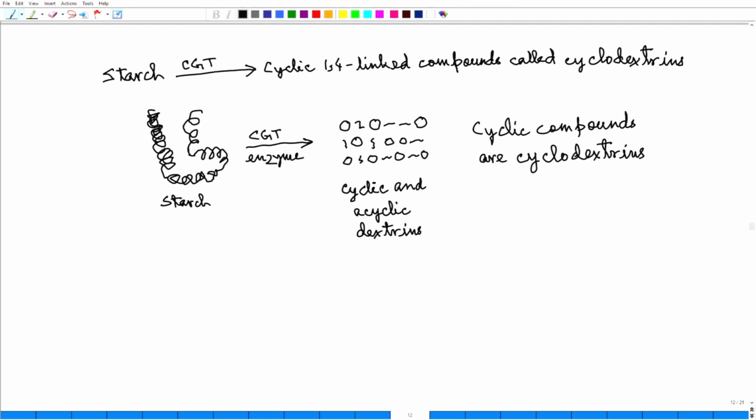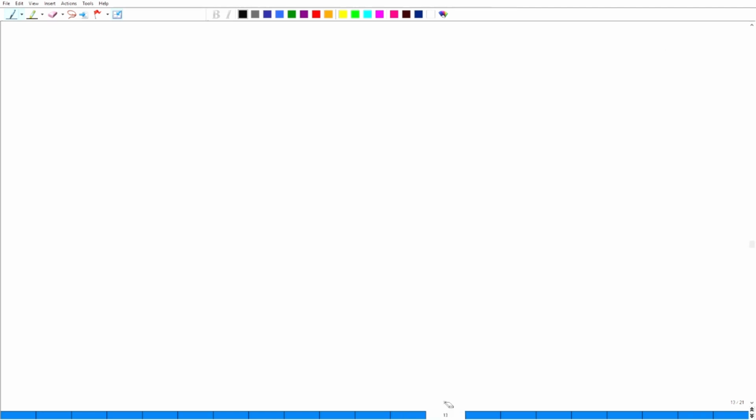So, let me draw a picture of cyclodextrin. It will take a while, nevertheless, I will attempt. It may not be the world's greatest drawing, but still I am going to do it.